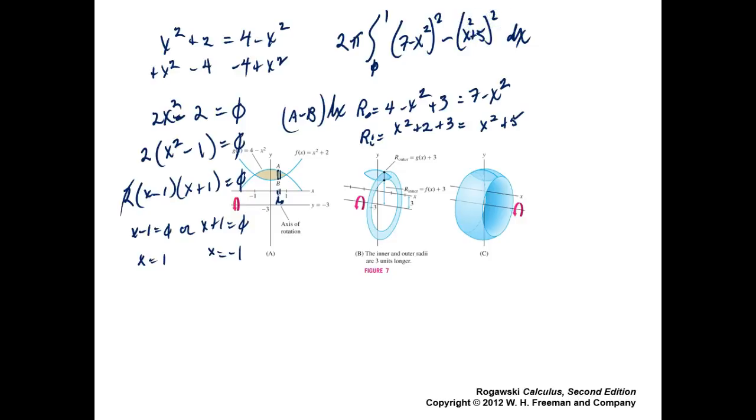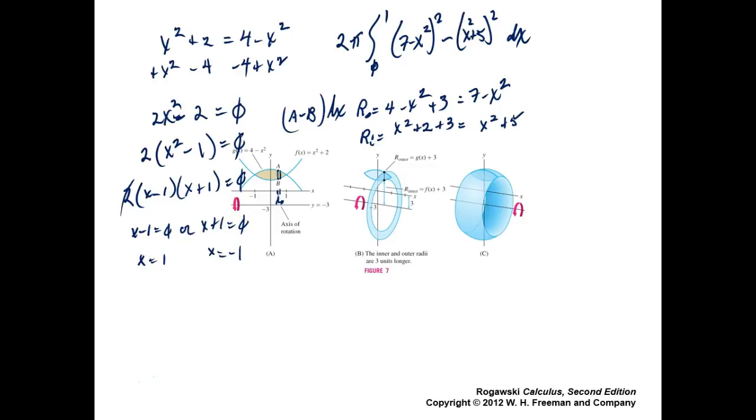Okay, that gives you the total volume. So you do the area of the ring here, the washer here, and integrate that, double it from 0 to 1. Okay, that's what we're going to be doing.